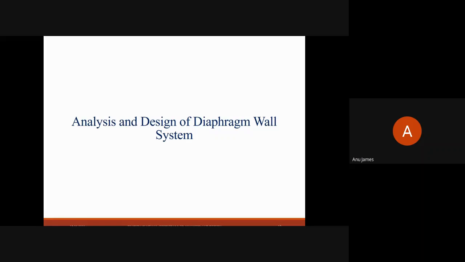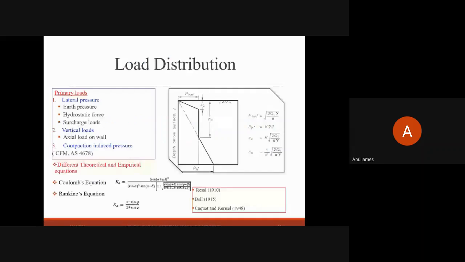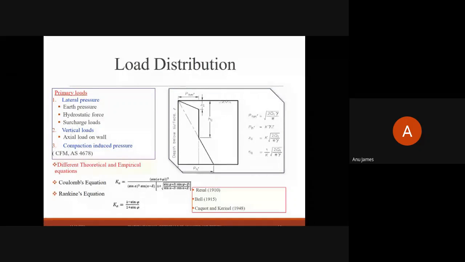We can continue with the analysis and design of the diaphragm wall system. So for any system analysis, determination of load distribution is the first part. These are the primary loads which we need to consider for analysis of a deep excavation system. First is the lateral pressure.